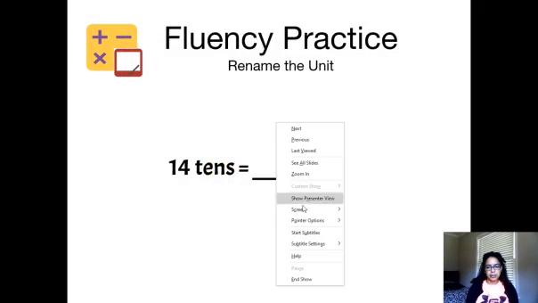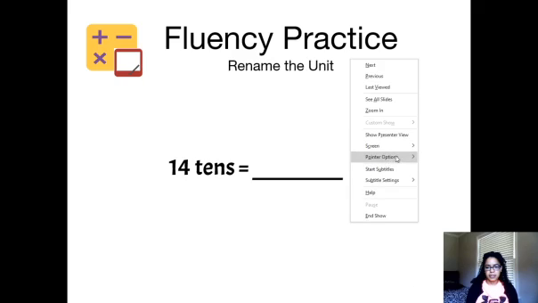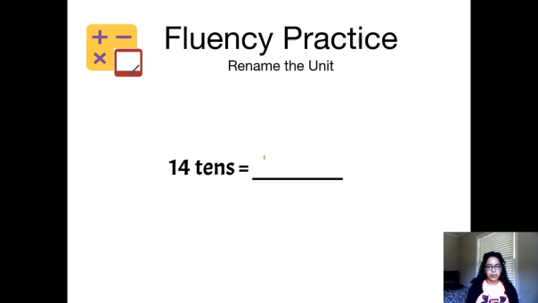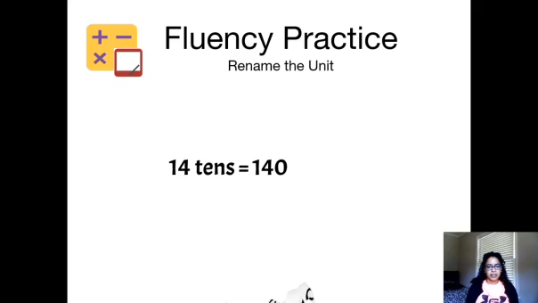Here we go. We're going to begin our fluency. Let's do green. So, 14 tens, if we write this in standard form, that will be 140. Now 14 hundreds will give us 1,400.